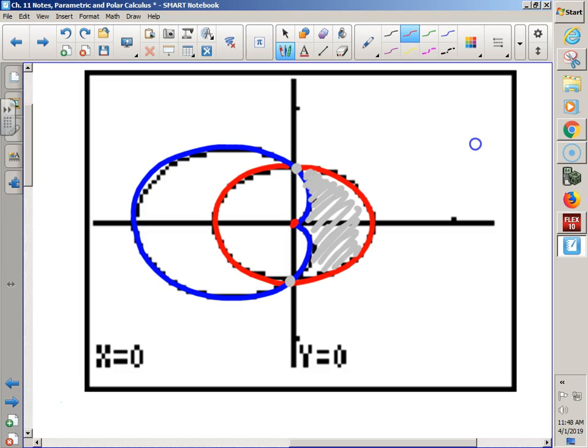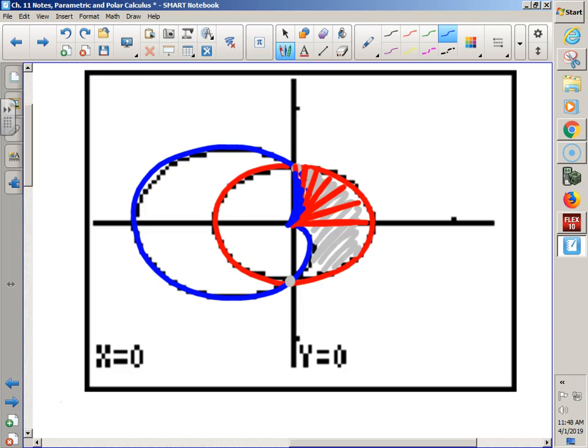Because when you do area, don't you go out angles? If I do that, aren't I in trouble and I have too much area? I'm not supposed to have this. So what do I do? I subtract. I subtract the red minus the blue, and I get the gray.